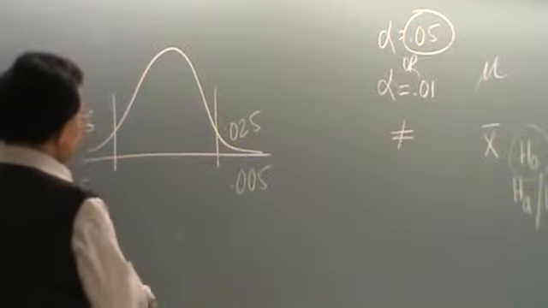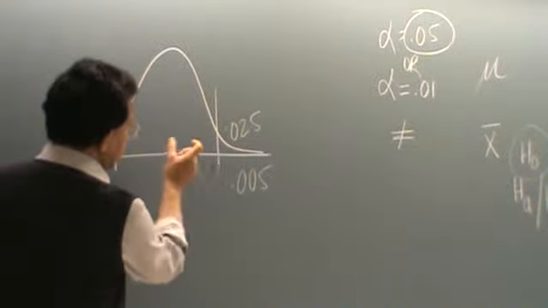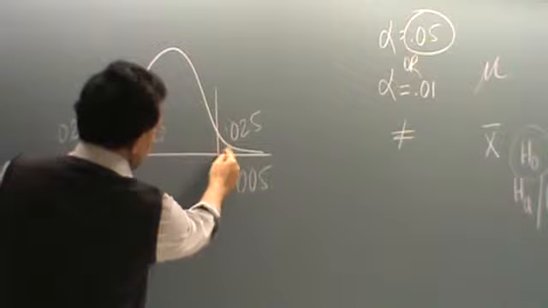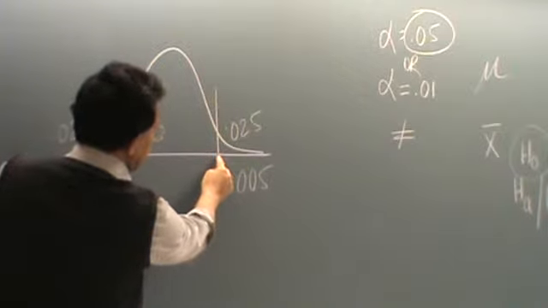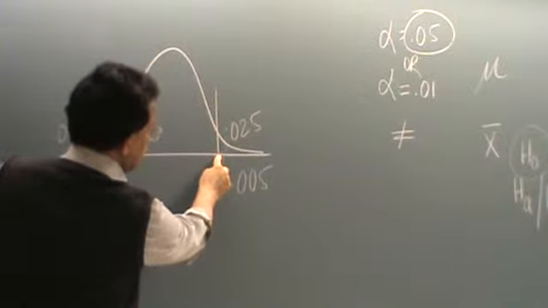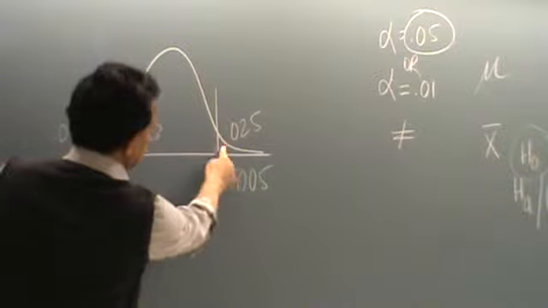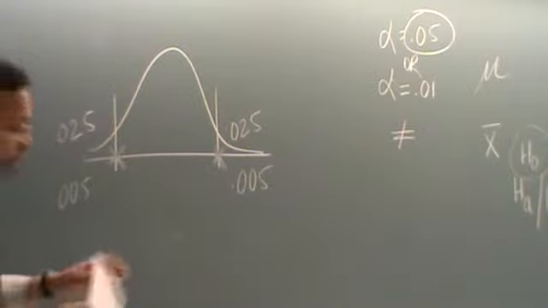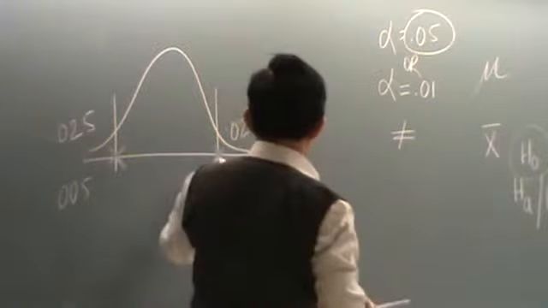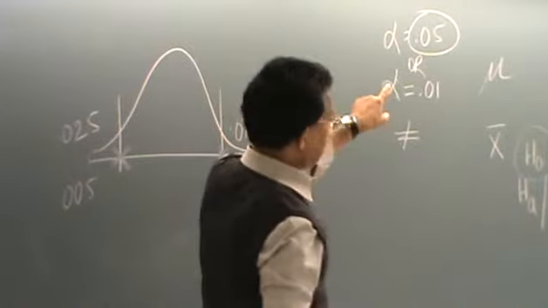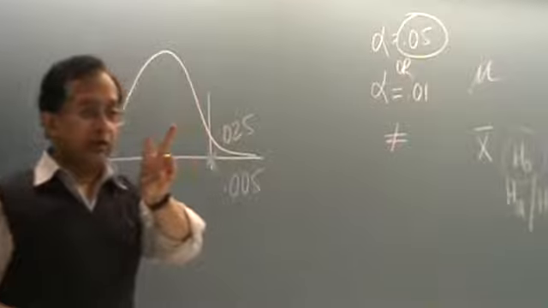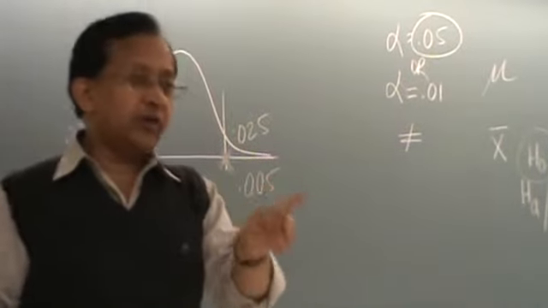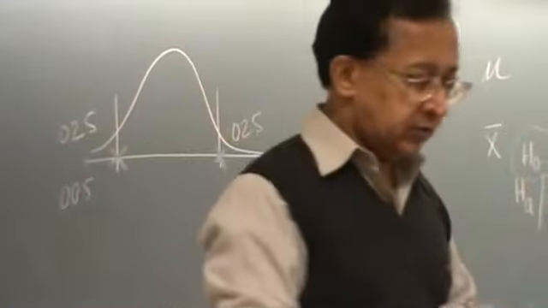So when we are calculating these, looking at the z table, we have to find out the z-score for this point here and the z-score for this point here. So how do we find out the z-score for this point when we are using alpha equal 0.05, two-tail? 0.05 divided by 2 is 0.025.